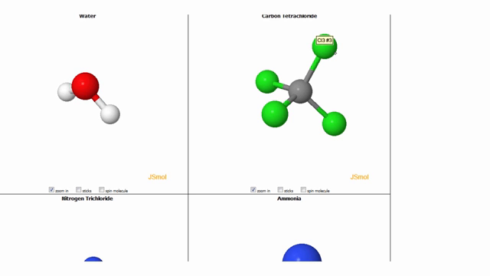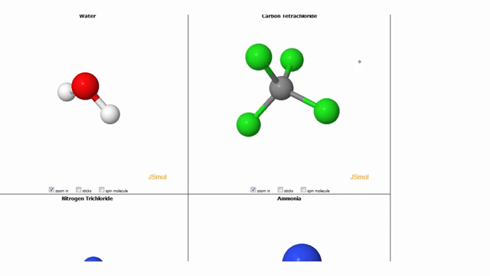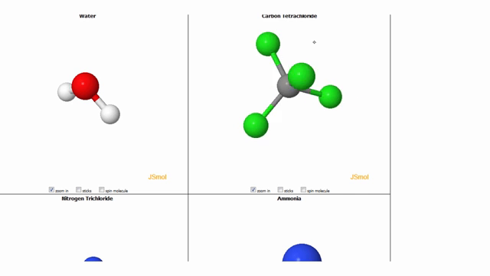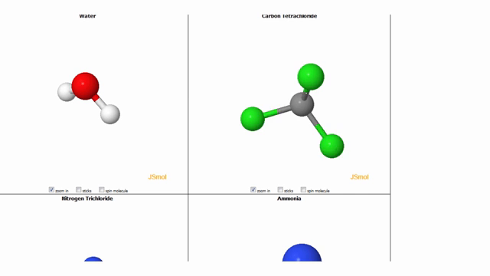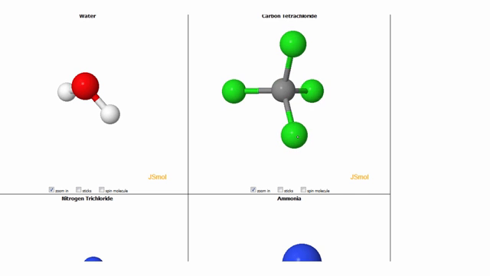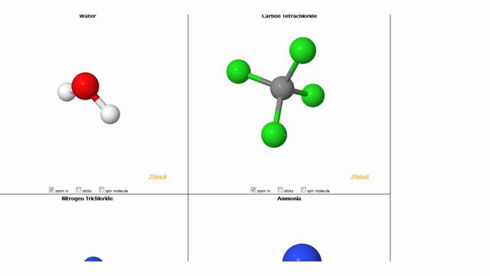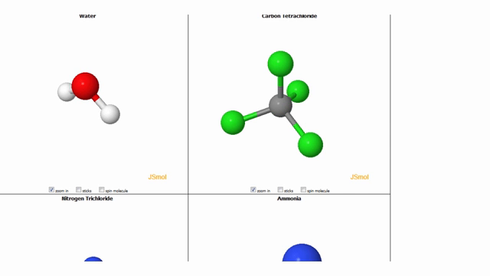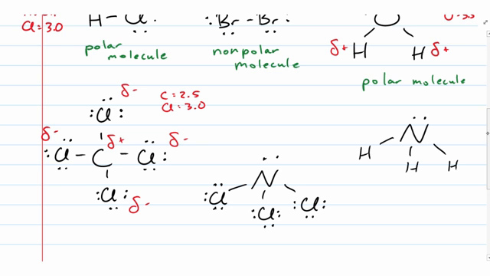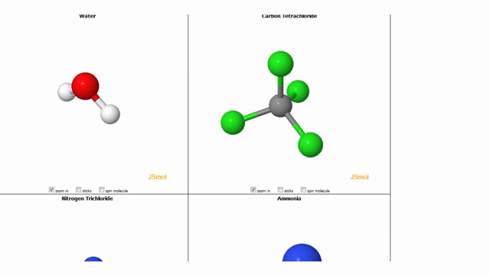Is there any way we can divide this up to get all the chlorines on one side and the carbon on the other? It doesn't work. And so even though the bonds in this molecule are polar, the molecule itself is going to be a non-polar molecule. So again, this one here is going to be a non-polar molecule.